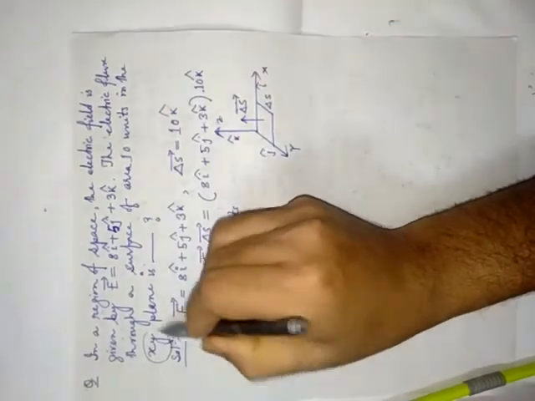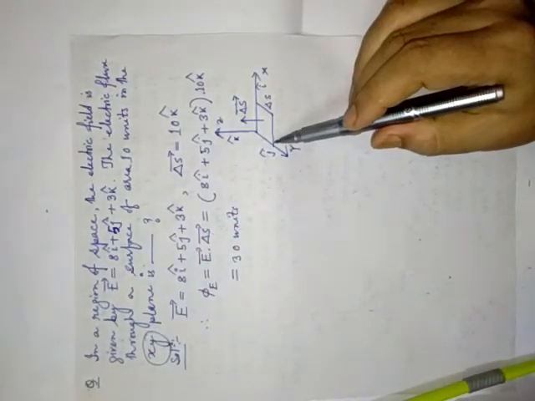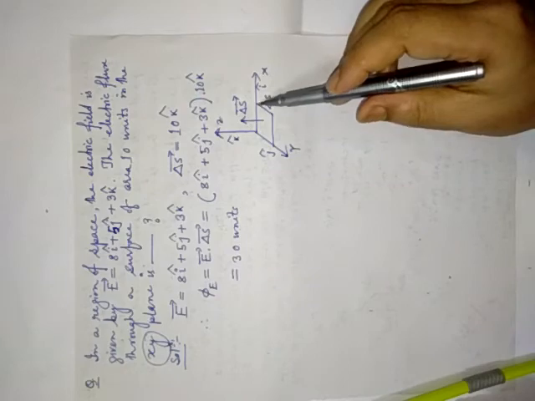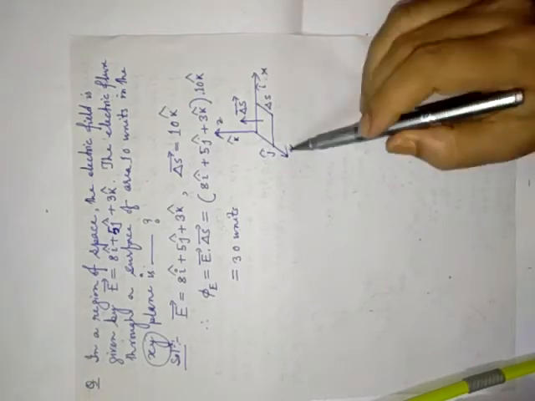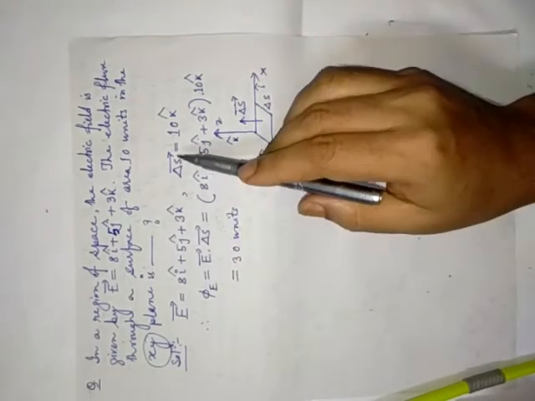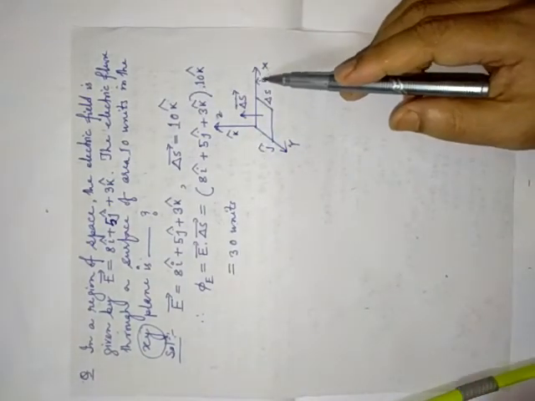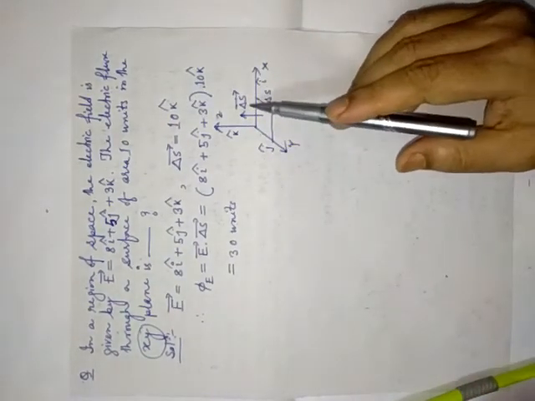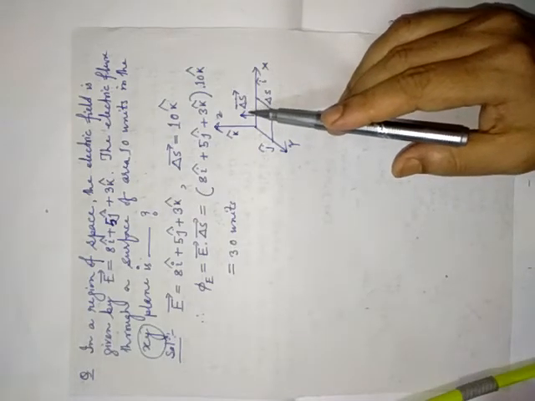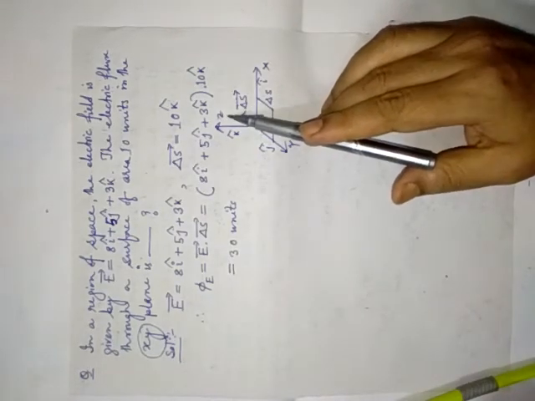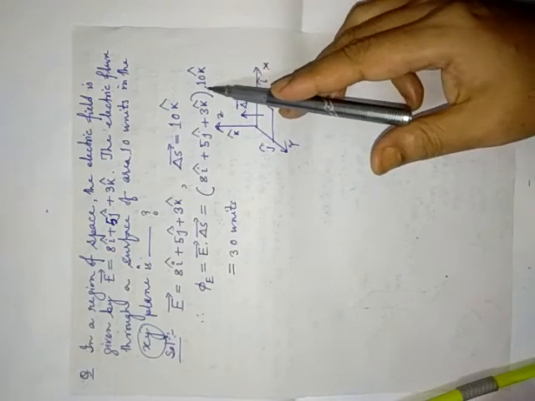Delta S, this plane is in which plane? xy. That means delta S vector equal to what? 10 into k cap, because if the plane is lying in xy plane, that means the direction will be along z direction. Z direction means k cap, you have to multiply and take the dot product.